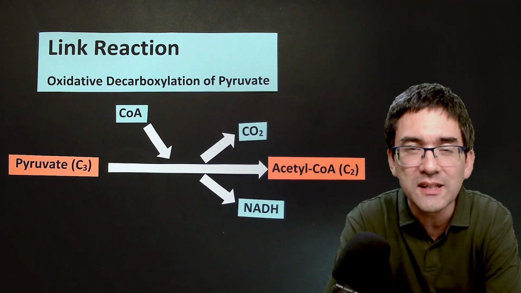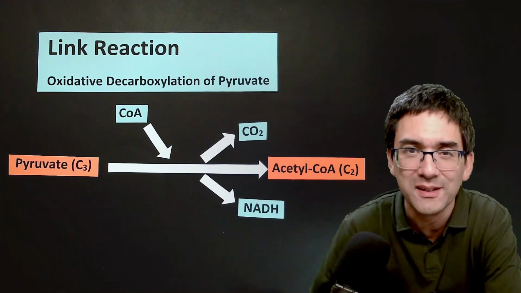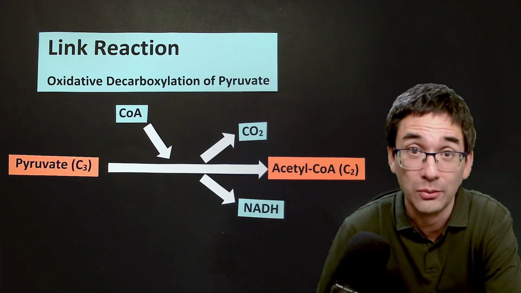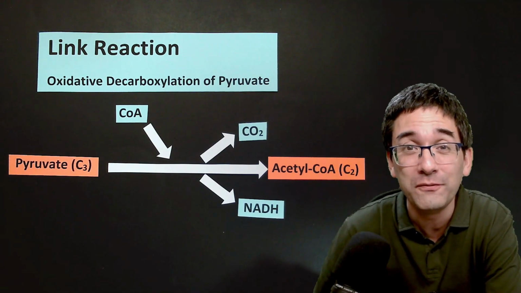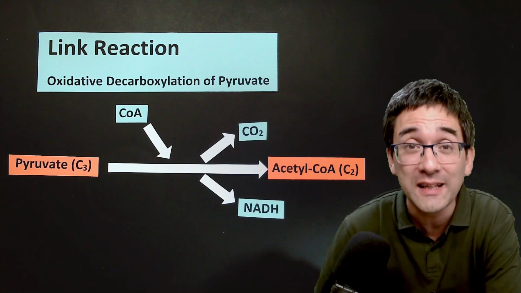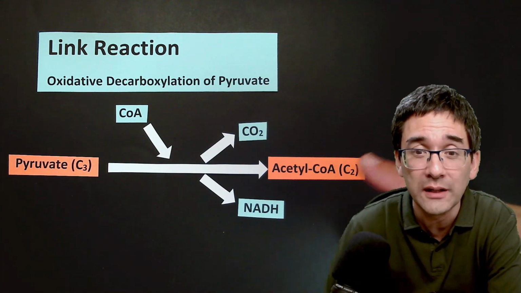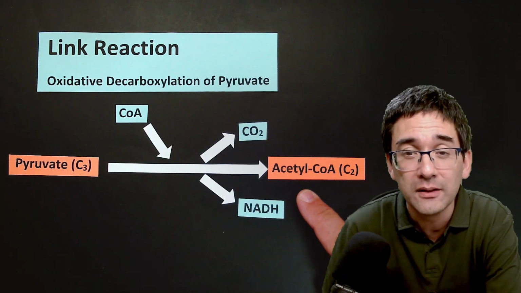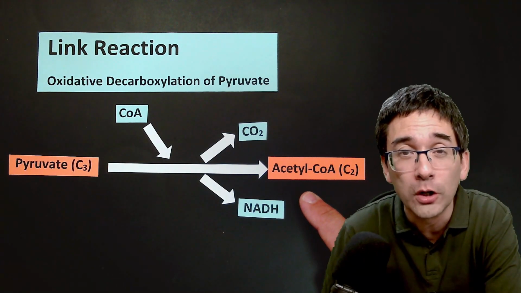Now, this acetyl CoA is a pretty central and pretty important substance in cell respiration. We're going to hear about it later again, or as a matter of fact, I can tell you right now, because when fats, lipids, that is, when fatty acids are broken down, then those fatty acids are broken down to acetyl CoA. If you remember, fatty acids are long chains of carbons.